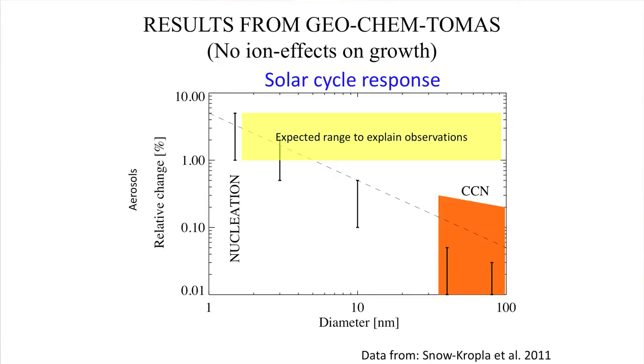Because of the increase over the solar cycle, you get about 5% more particles. And then they look at how the particles grow. They injected an additional amount of particles, but then they see that as the particles grow, fewer and fewer survive. So in the model, when they get to the sizes of the cloud condensation nuclei, the number of particles that have survived is so small that it's irrelevant.